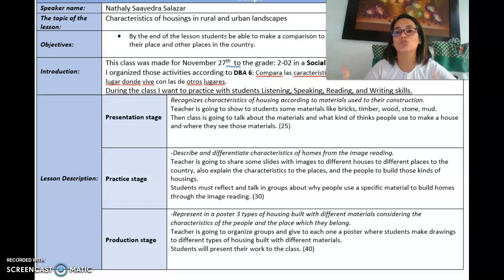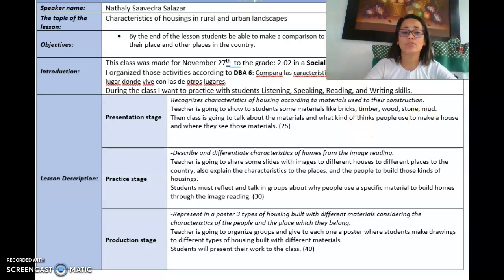During this part of the class, we were talking about the materials and what kind of things people use those materials for in a house. Yes, where they saw it. This activity takes more or less 25 minutes for the first part.